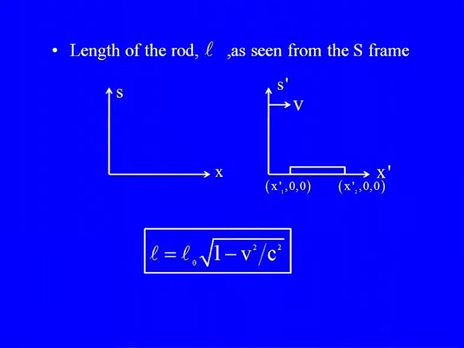It's L0 times the root of 1 minus v squared by c squared. So obviously L is less than L0. The length of a moving rod or a moving object appears to be shortened as compared to the measured length in its rest frame.